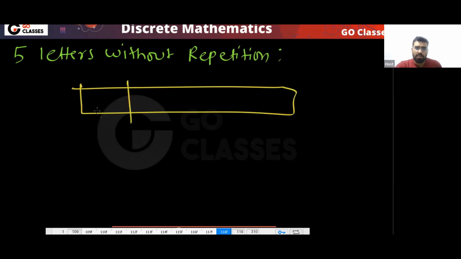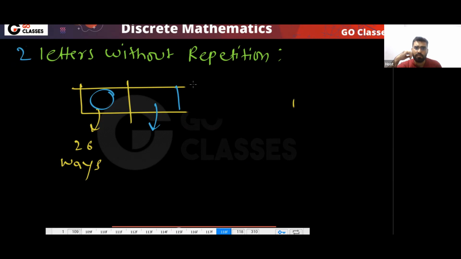Now you can notice here we have 26 ways, correct? But remember one thing, very important. Whatever I put here, like A, B, C, D, X, Y, Z, tell me how many ways. Now how many ways? 25 ways, right?